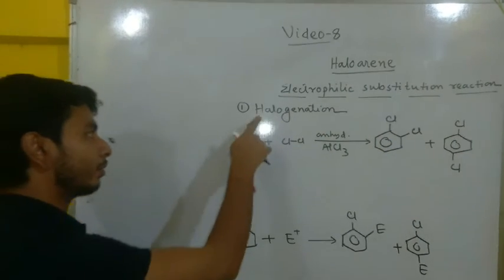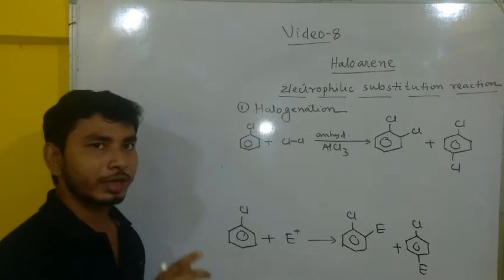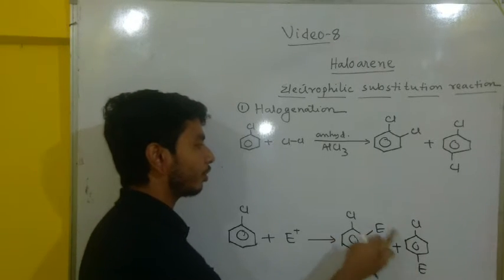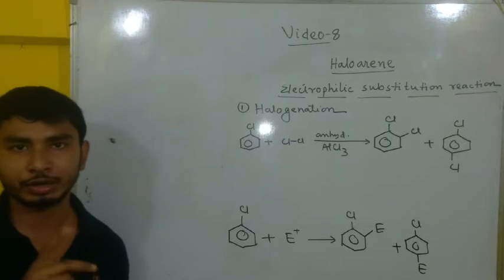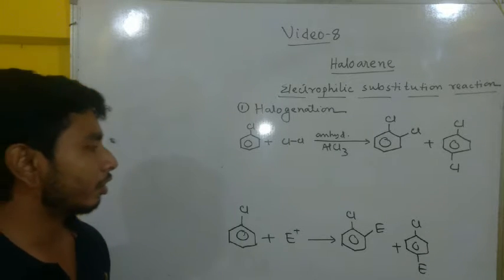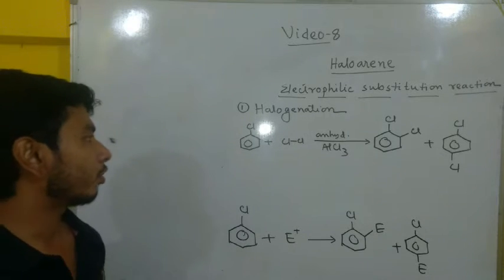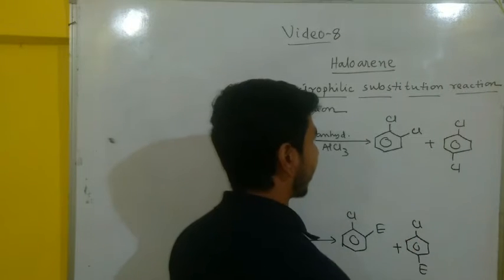So halogenation means here it is the addition of halogen. The addition of halogen takes place at which position? Ortho position and para position. Why? Because this reaction is an electrophilic substitution reaction. An electrophilic reaction always takes place at the ortho and para position. So chlorobenzene gives the ortho dichlorobenzene and para dichlorobenzene.